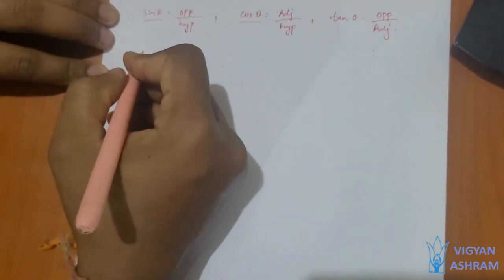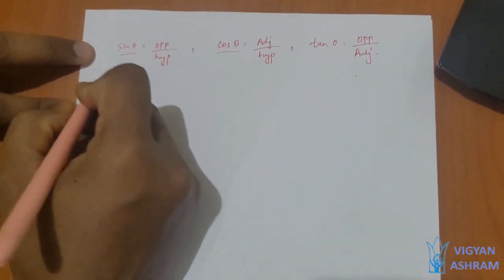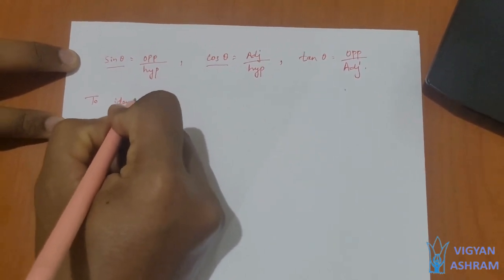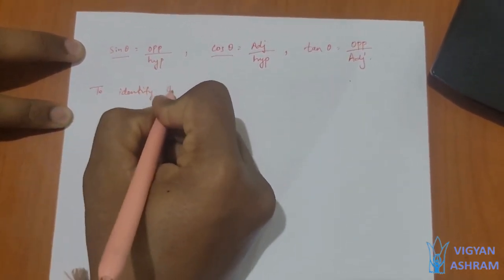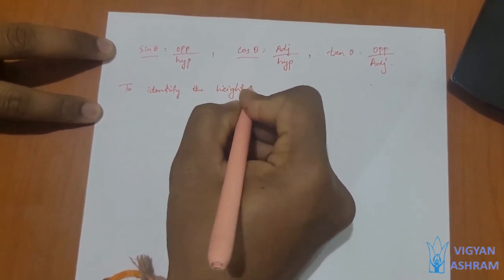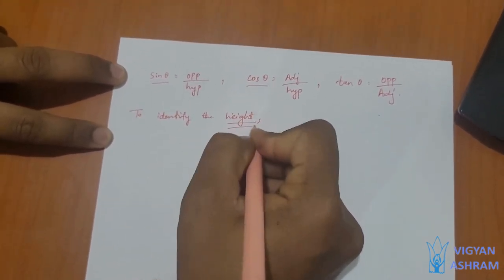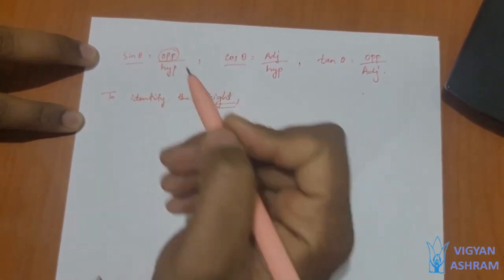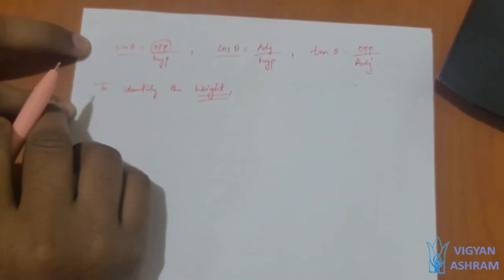It's because our problem statement is to identify the height, right? So to identify the height, we need to know the opposite dimension.